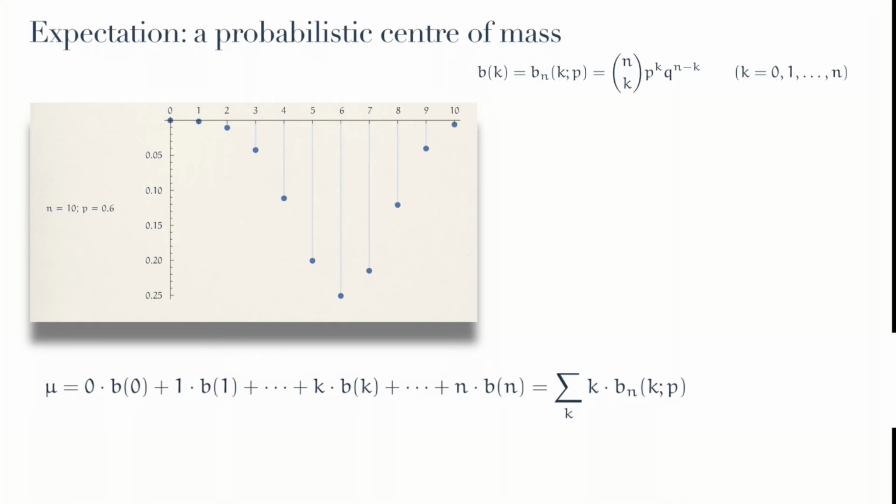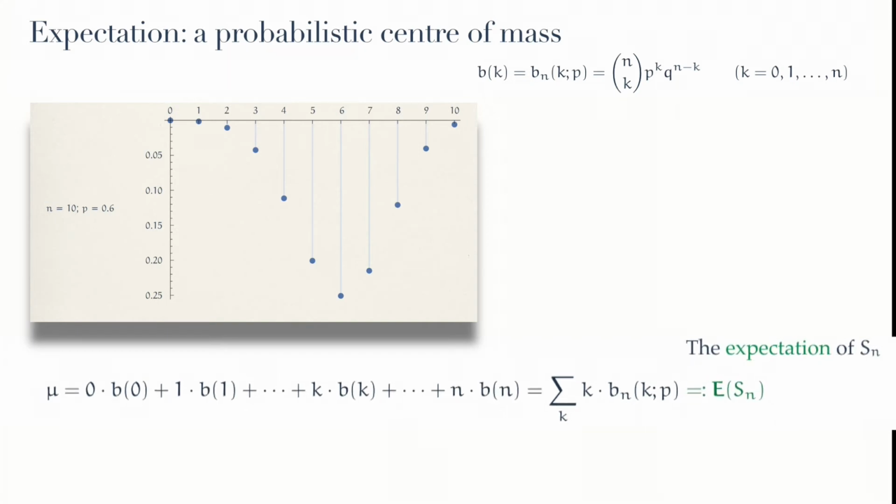The connection with the physical center of mass should be transparent here. We call this the expectation of the accumulated successes S sub n, and we denote it by E of Sn.